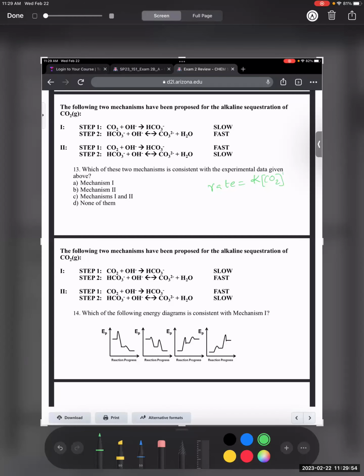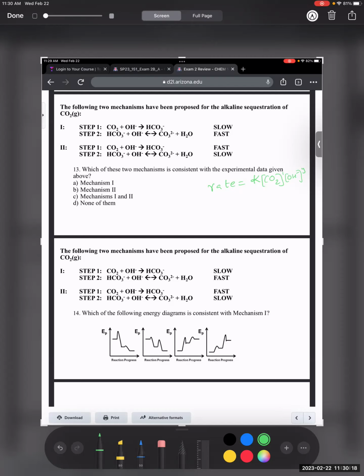And we do not know the order with respect to OH minus. So what we're looking for here is the mechanism that gives us an order of 1 with respect to CO2.